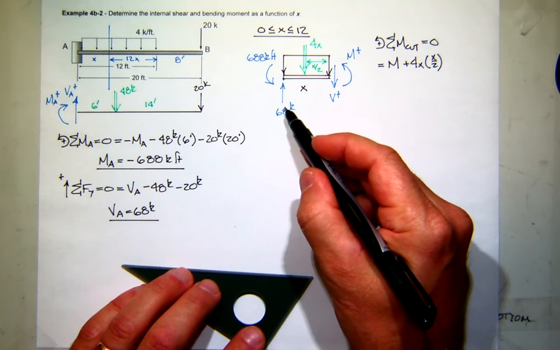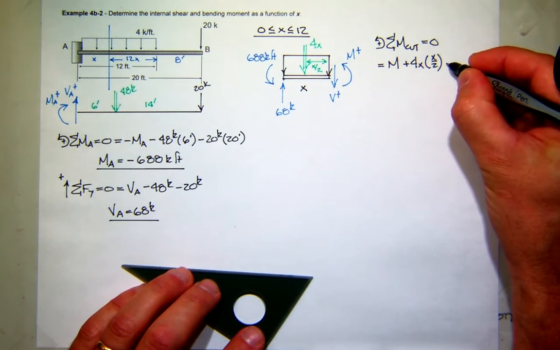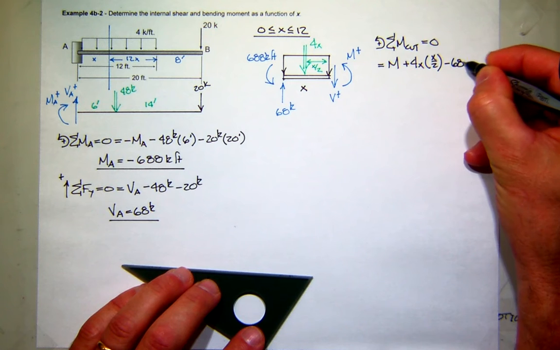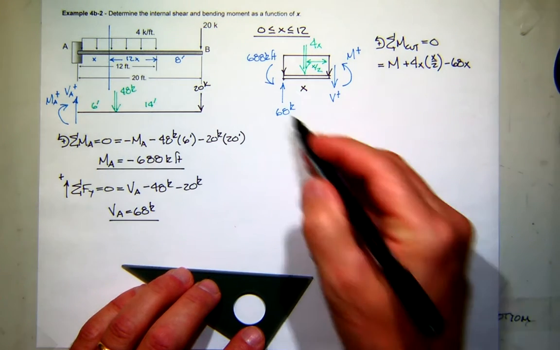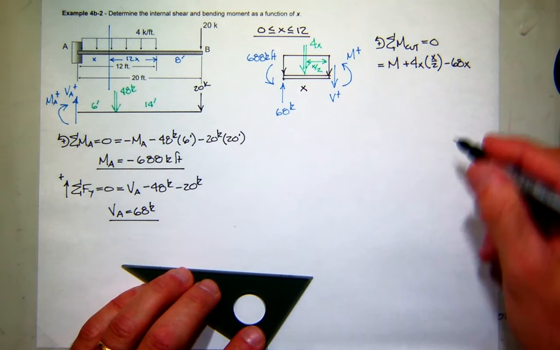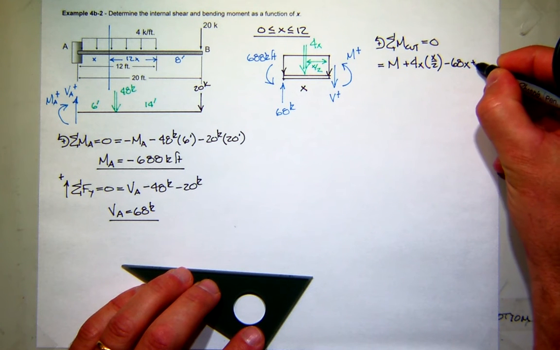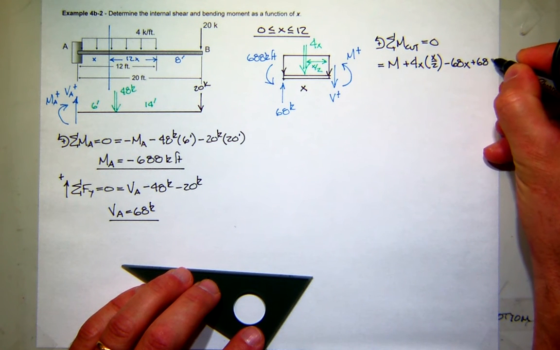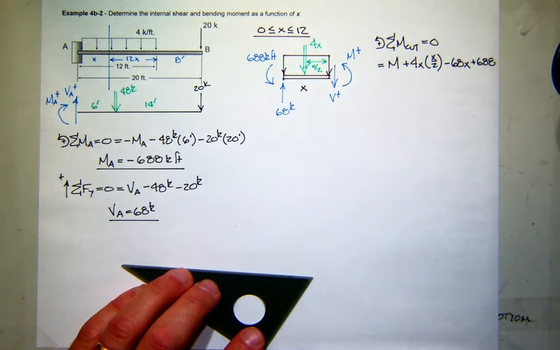Then I've got this 68 kip creating negative moment with the moment arm of x. And then this 688 is positive. Sorry, I kind of ran out of room there. Apologize for that. I left my units off, but I'll straighten it all out now.